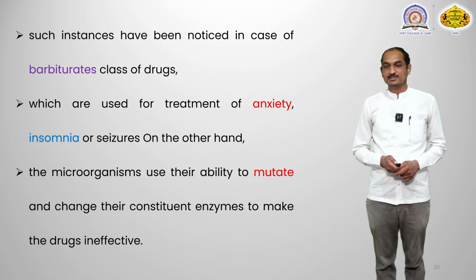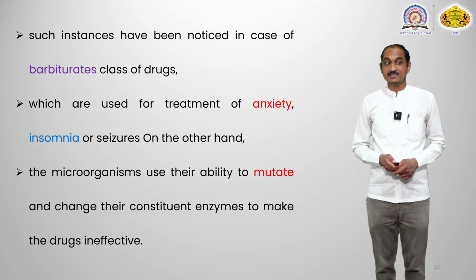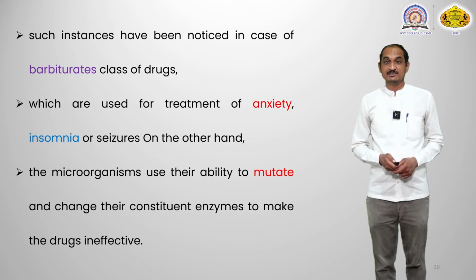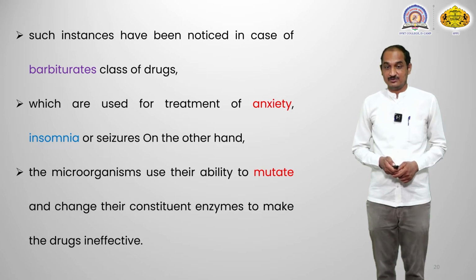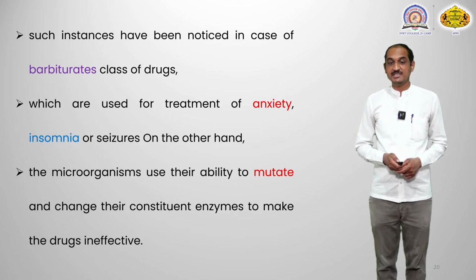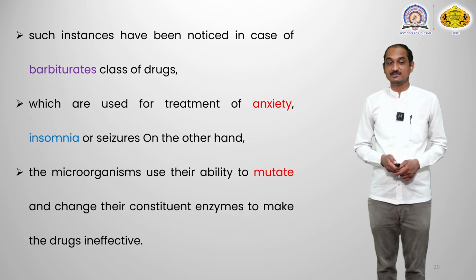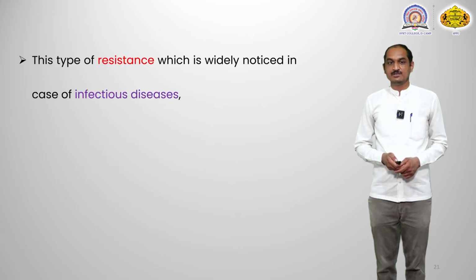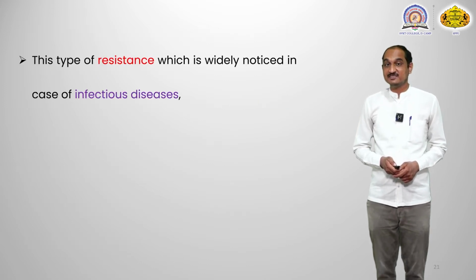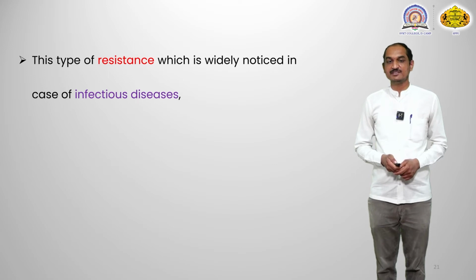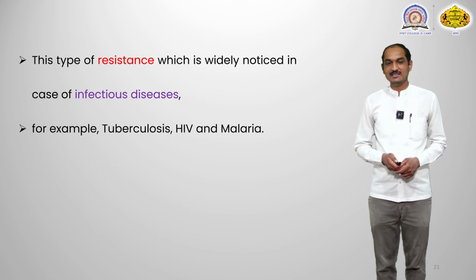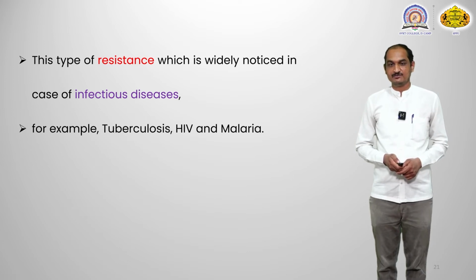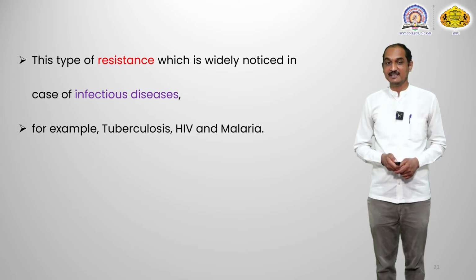We are well aware of mutation. In COVID-19, the virus mutates itself and changes its constituent enzymes to make the drug ineffective. So this type of resistance is widely noticed in the case of infectious diseases, for example, tuberculosis, HIV and malaria.